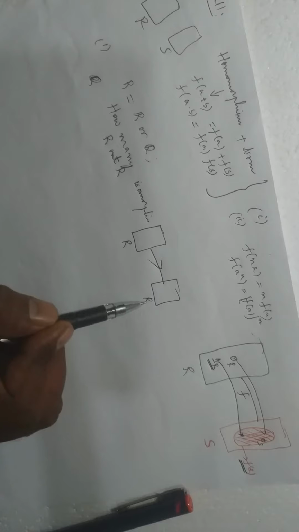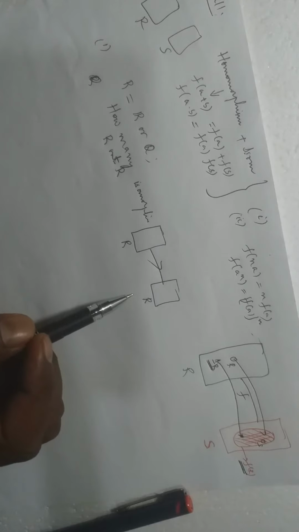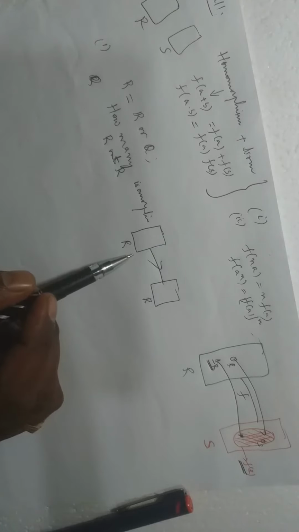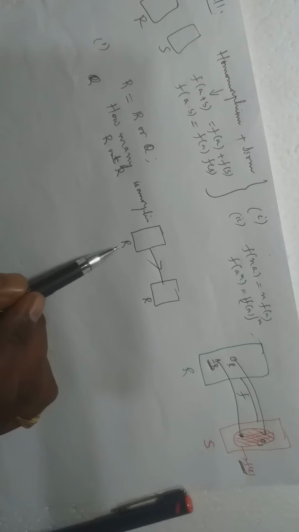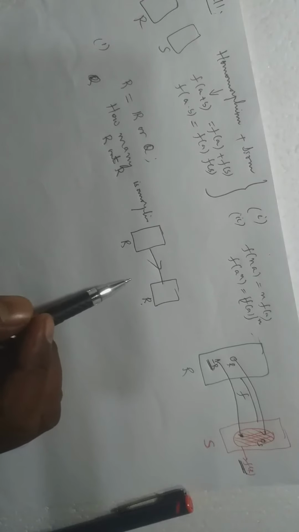So here we show that the only isomorphism from R to R which is onto, I stress this, I can find only one isomorphism from R to R which is onto. That is the identity map.